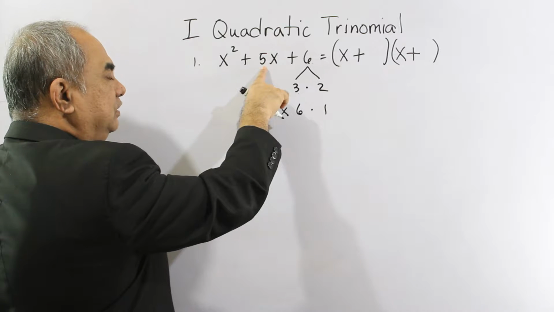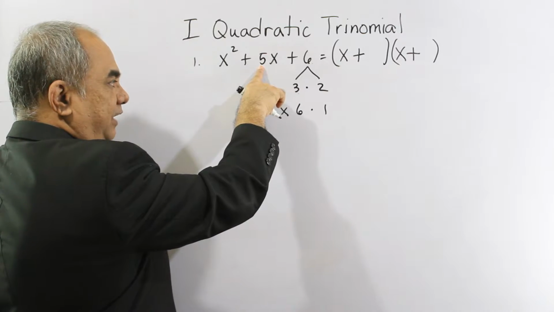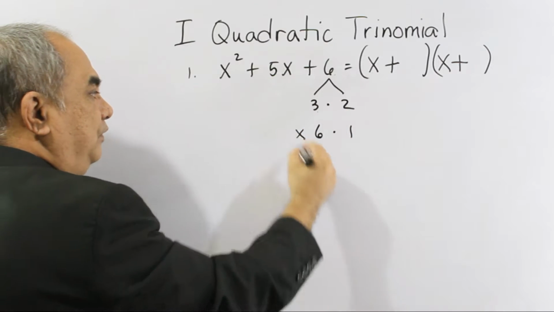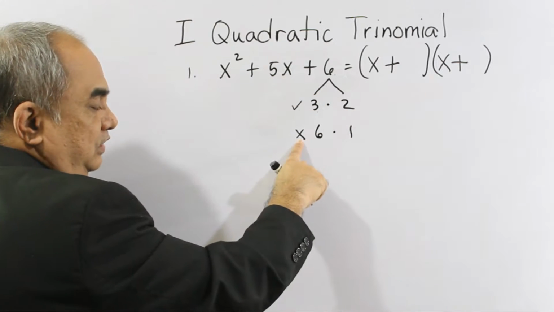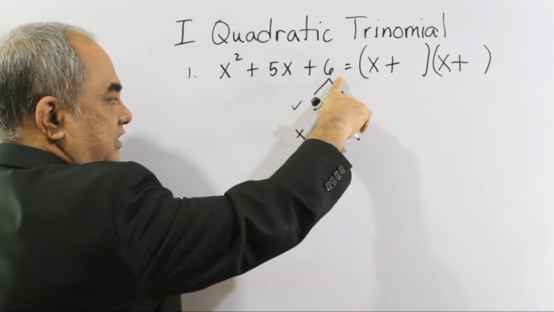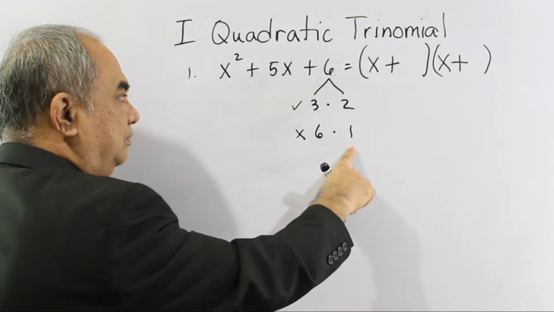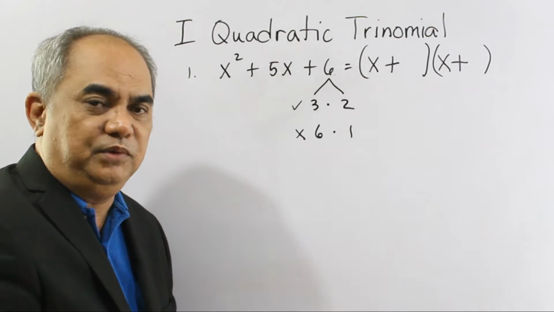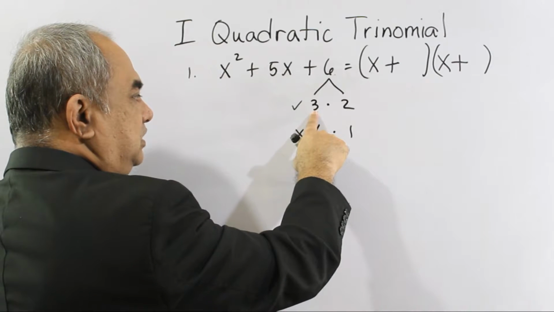So the coefficient of the middle term here is 5. So it should be 3 plus 2 will give you 5. Therefore, this is the correct factor and not this one. Because 6 times 1 is 6, but the sum of these two numbers is 7 and it is not equal to this number. So we choose 3 and 2.